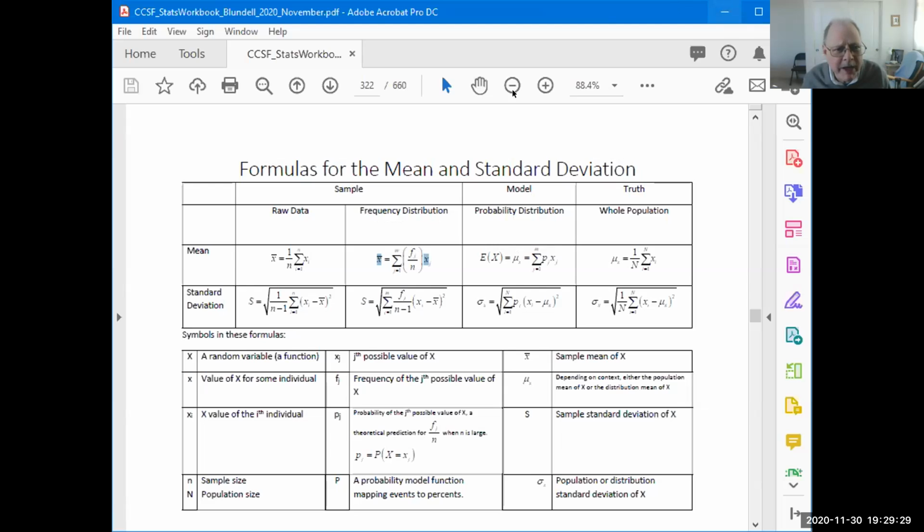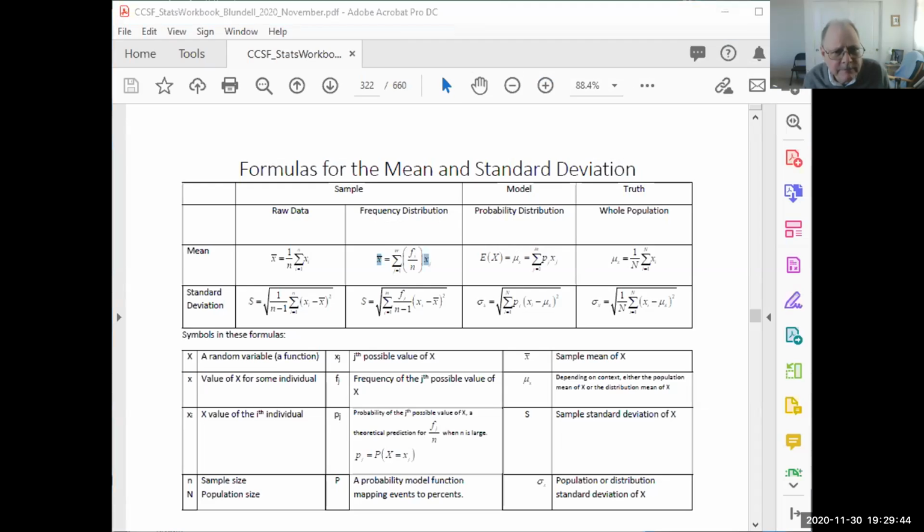Why did this come up in the section on probability distributions when I'm talking about a sample mean? It was to make an analogy.